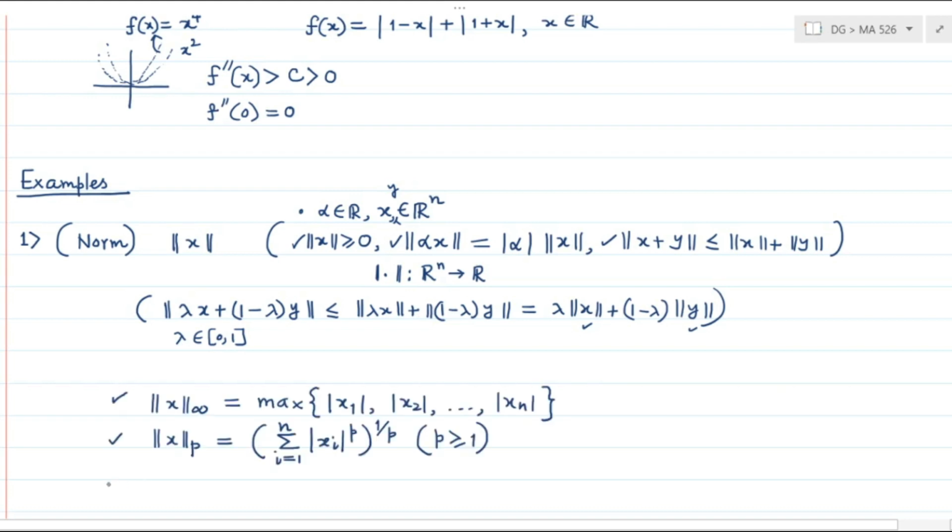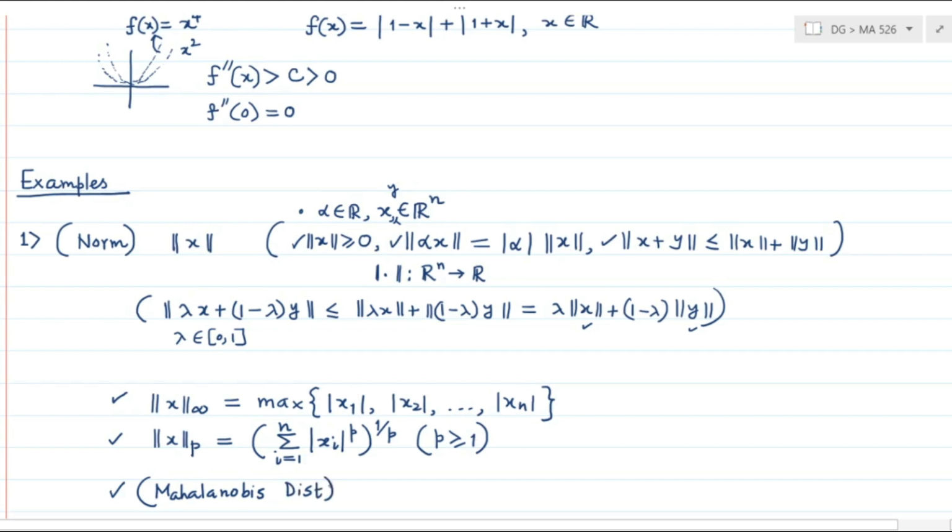And as well, let me also mention the ellipsoid norm, or the Mahalanobis norm, or Mahalanobis distance from origin.